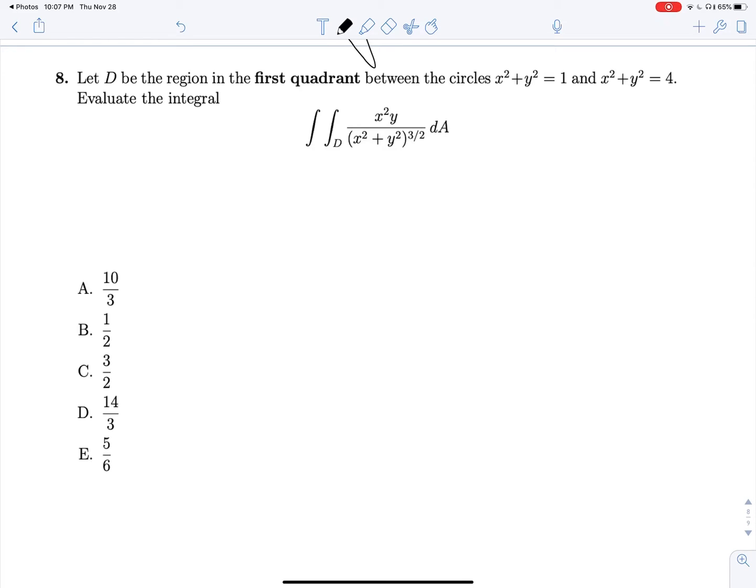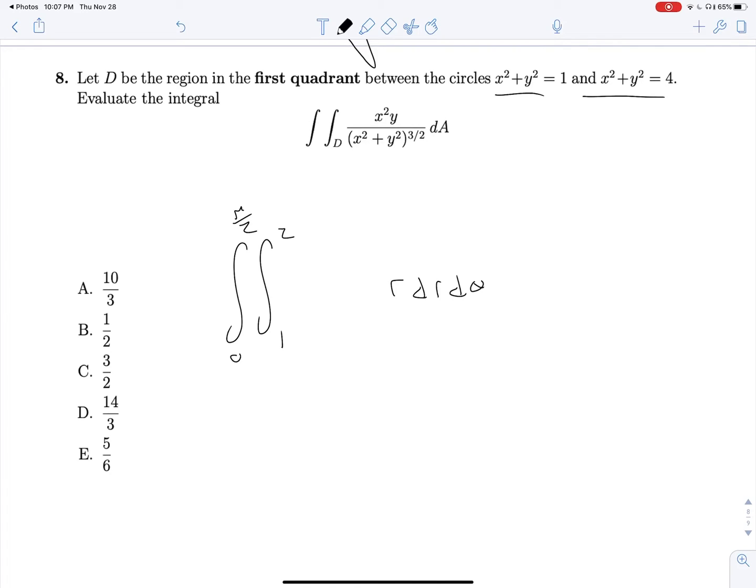Okay, right off the bat, this integrand is looking very scary, but our bounds on integration are looking very fine because since we're in the first quadrant, our bounds on theta are going to be 0 to pi over 2. And since we're between these circles, our bounds on r are going to be between 1 and 2. But this whole integrand business is looking scary.